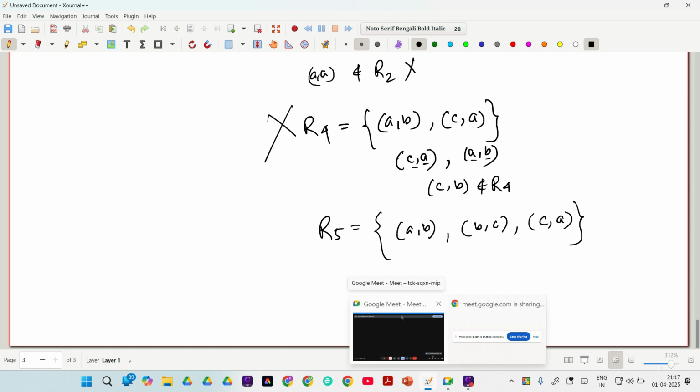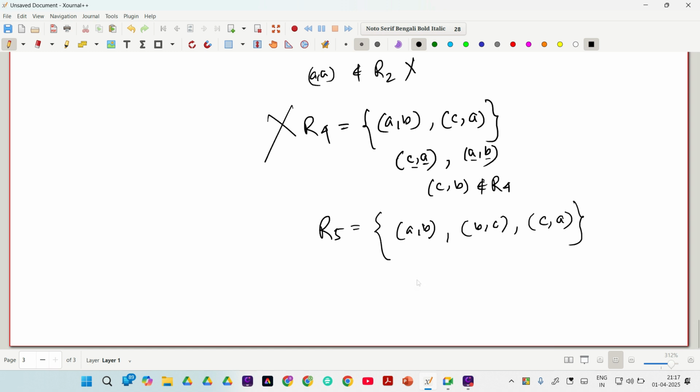Why have you said this is a transitive relation? Because (A, B), (B, C) and (C, A) all belong to R. Okay, you did not notice the definition. I have told that if (A, B), (B, C) belong to R, then (A, C) belongs to R.